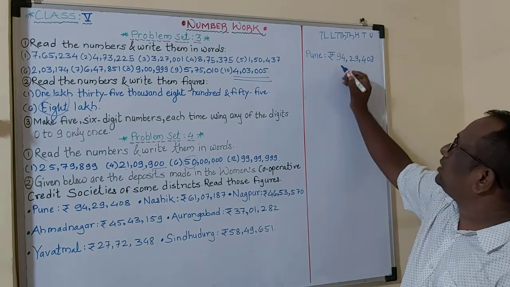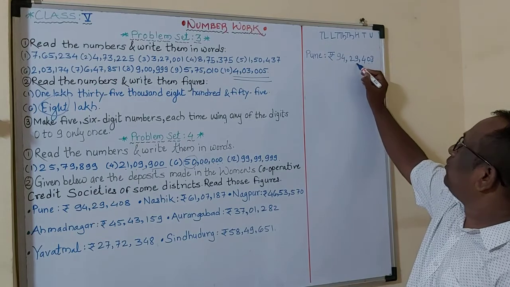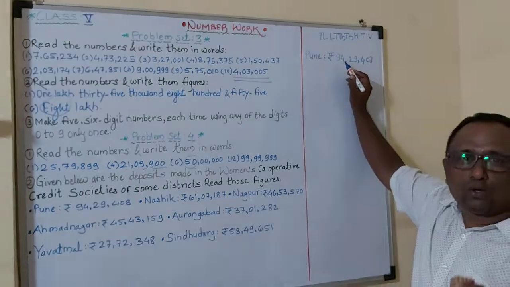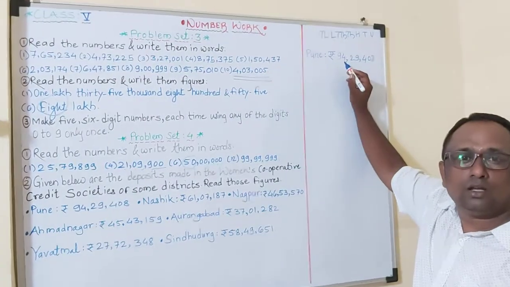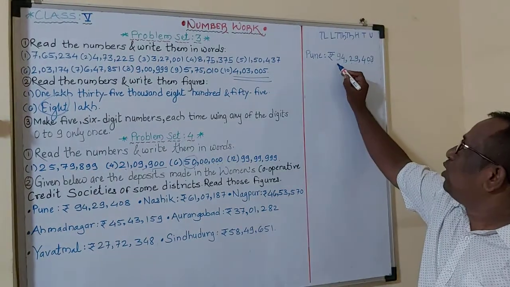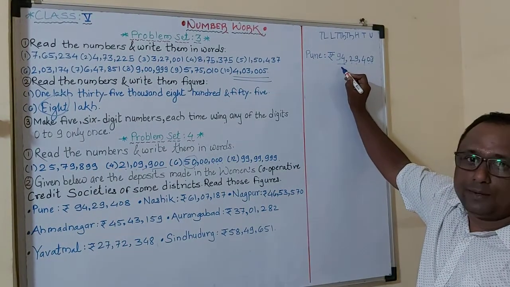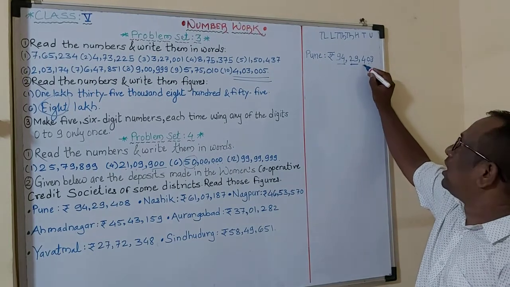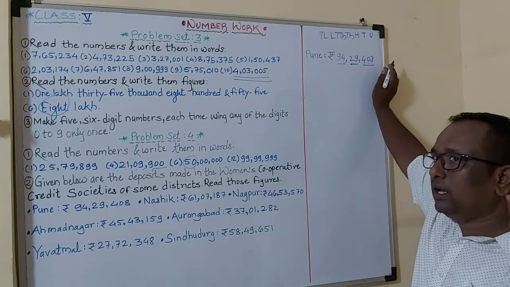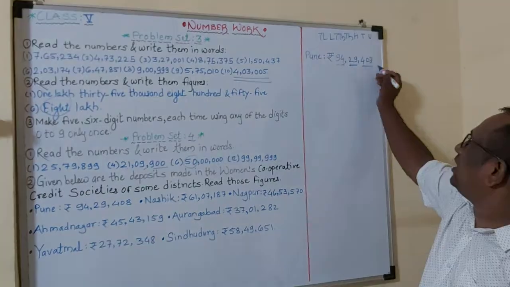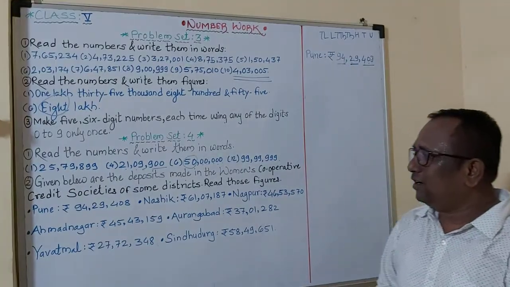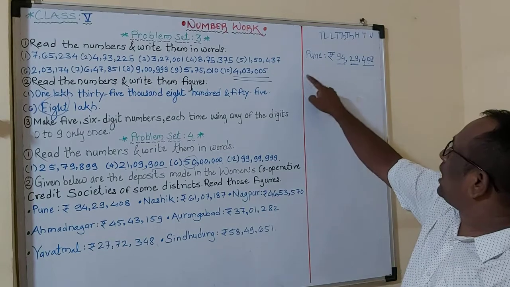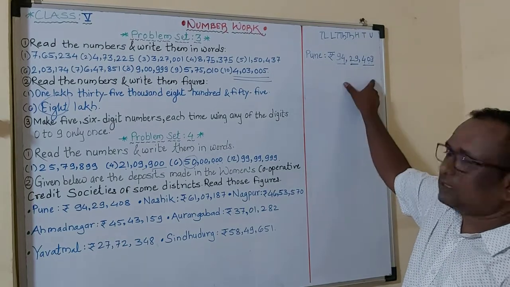How do you read this? See, 1, 2, 3, 4, 5, 6, 7. I told you a 7-digit number means 10 lakh. So 94 lakh 29 thousand 408. So you have to write these numbers in words.